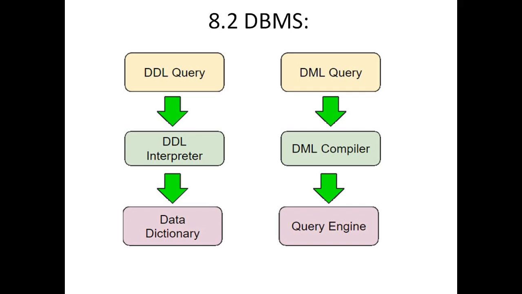These queries will be passed on to a DML compiler, which is going to parse or translate them, and then they would be given to the query engine that would finally execute them, hence producing the result the user desired onto the screen.